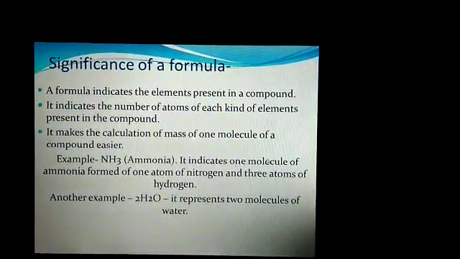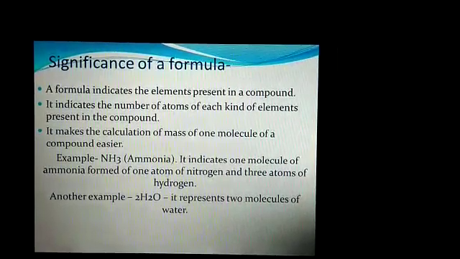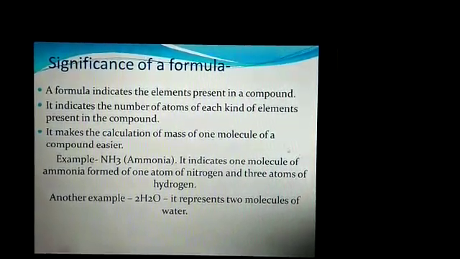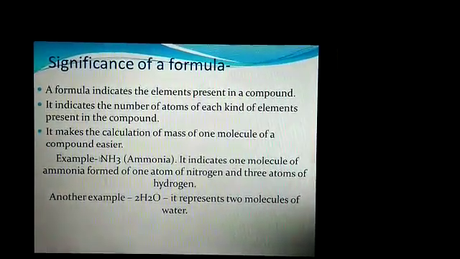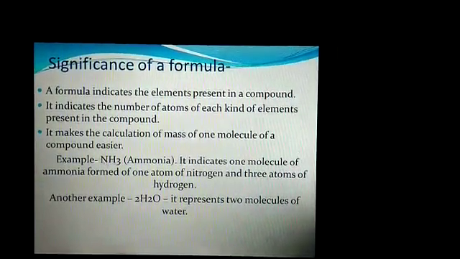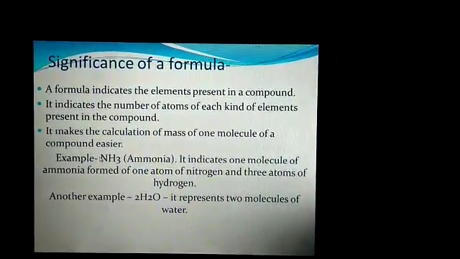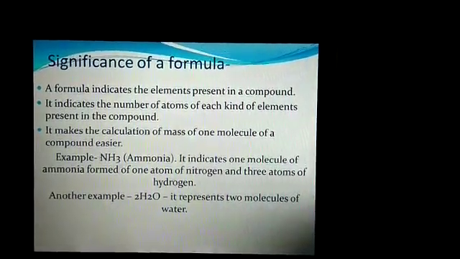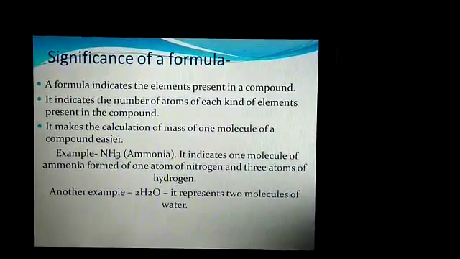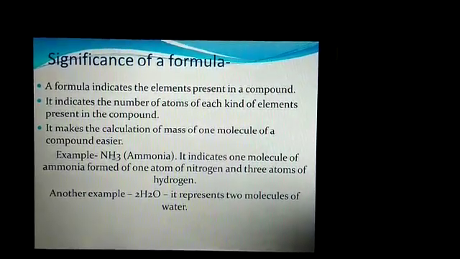It indicates one molecule of ammonia formed of 1 atom of nitrogen and 3 atoms of hydrogen. You can see in NH3, before N, no number is written, so it means 1 is there. That's why it represents one molecule of ammonia, composed of 1 atom of nitrogen and 3 atoms of hydrogen.